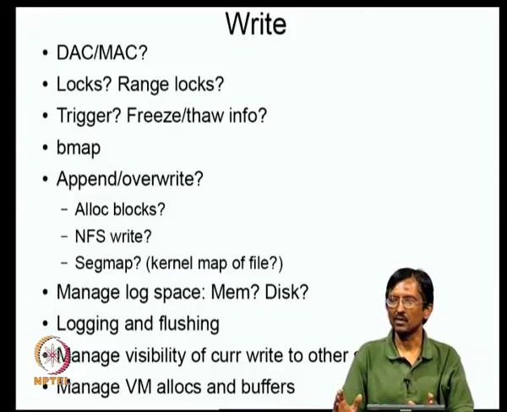Now you can write to that hole, that means there is no block there, so you have to allocate a block. So in overwrite it can turn out that you might have to allocate blocks. That means that as a part of write, you could be talking to various block allocation routines, and you will also be updating the number of freely available blocks and other kinds of things.